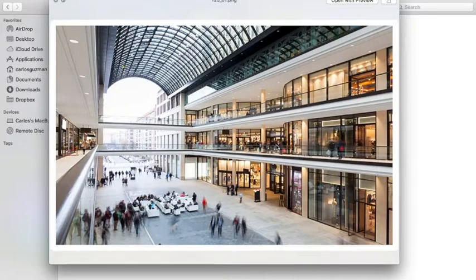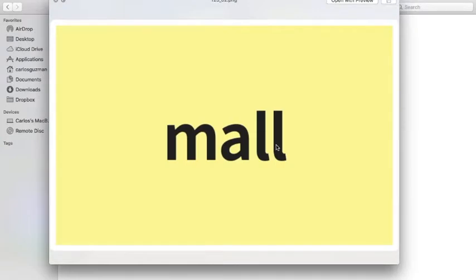So what is this place called? And if you said this is a mall, you are correct. This is a mall. M-A-L-L, mall. So in Bangkok, there are very many malls, right?